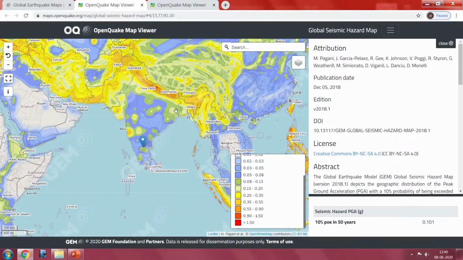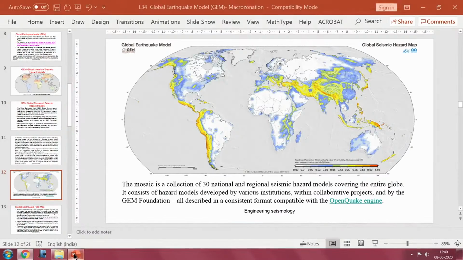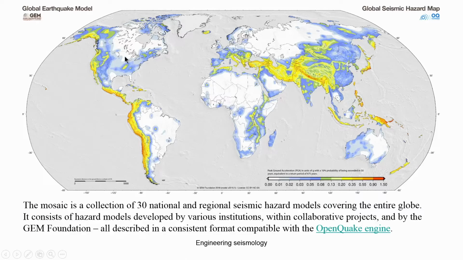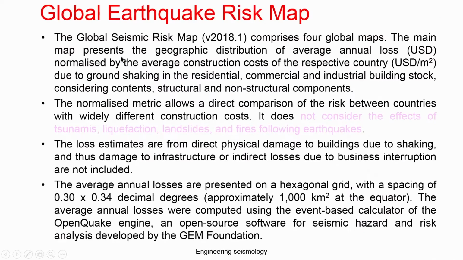When you are talking about hazard analysis, we also talk about risk and exposure. In the first class we told which countries are highly exposed to seismic risk. How do they say that? Based on this kind of global scale studies.